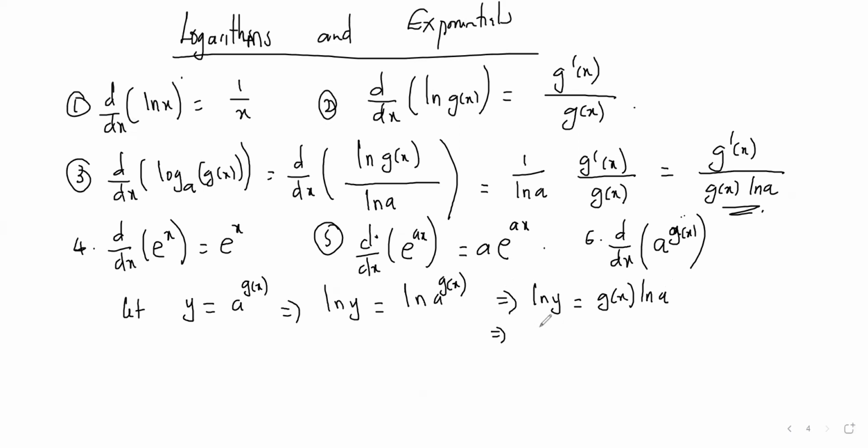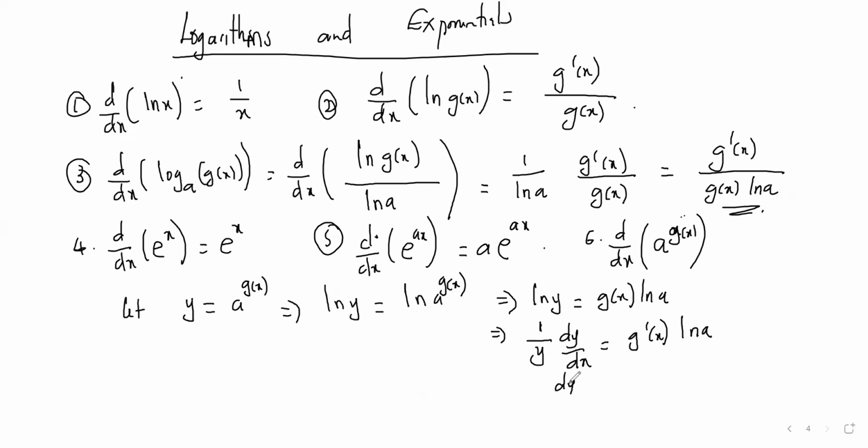Then differentiate: ln y gives 1 over y times dy/dx. Here I differentiate the g, then multiply by the ln a, since ln a is just a constant there.